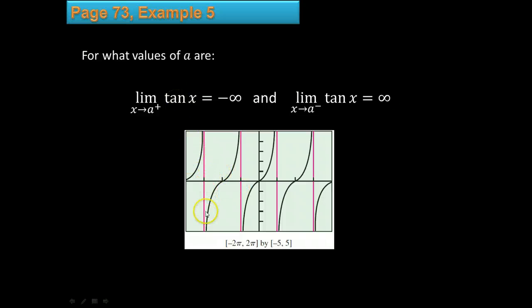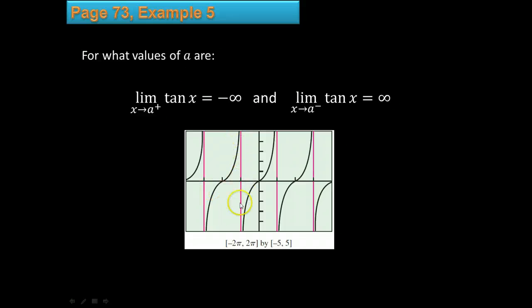Well, here's a place where it runs off to negative infinity as I approach to the right of this value. If this is negative pi and this is negative 2 pi, this would be negative 3 pi over 2.